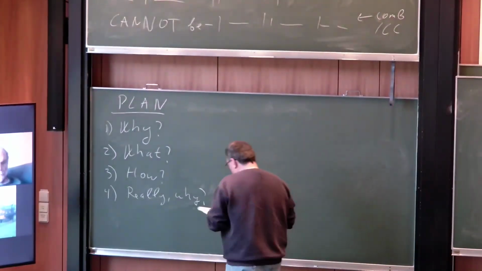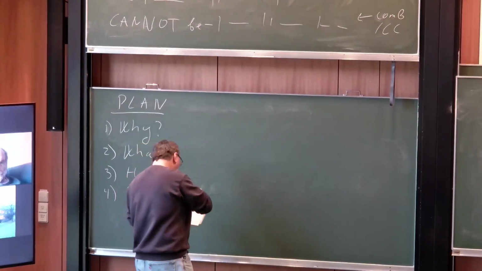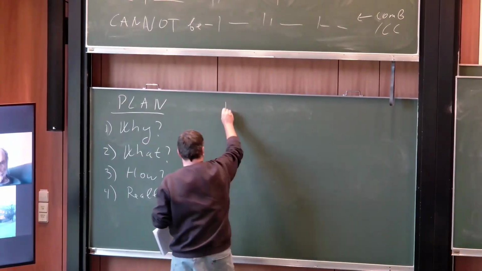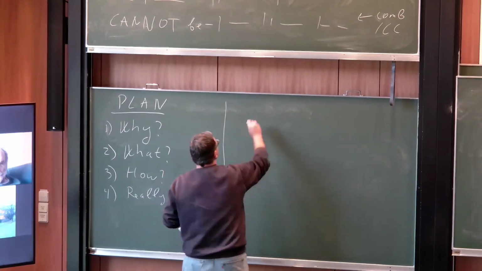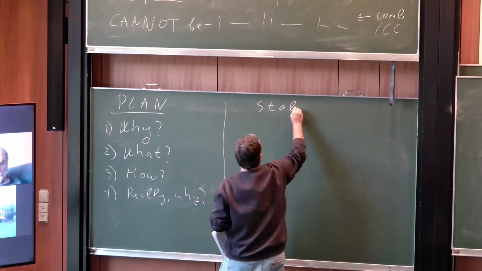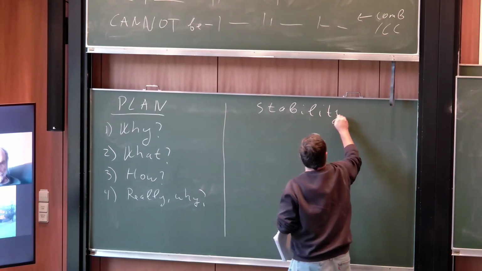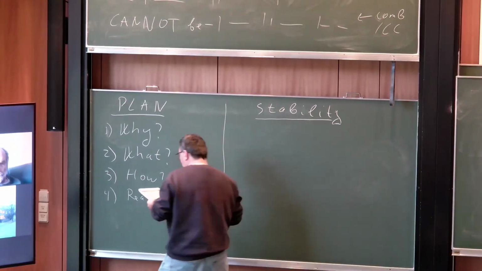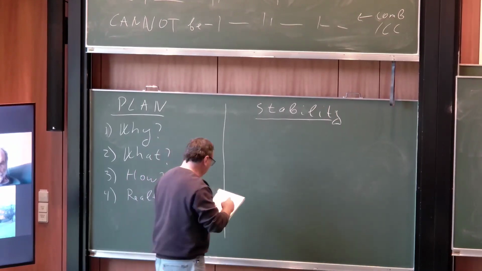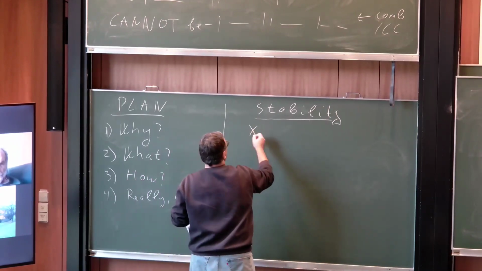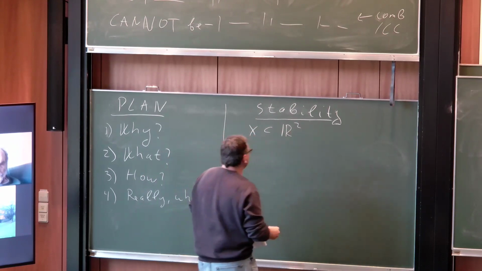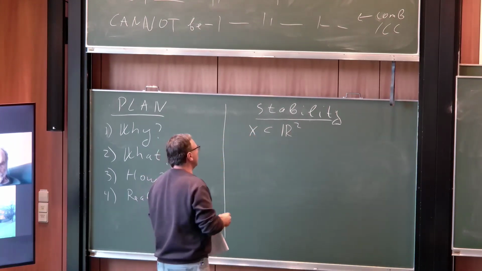Ramon mentioned stability quickly, and it's worth elaborating a little bit on that. It's easier to explain this already for the parametric inequality.